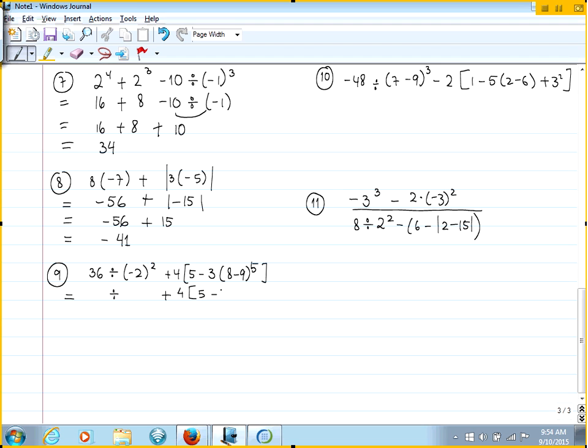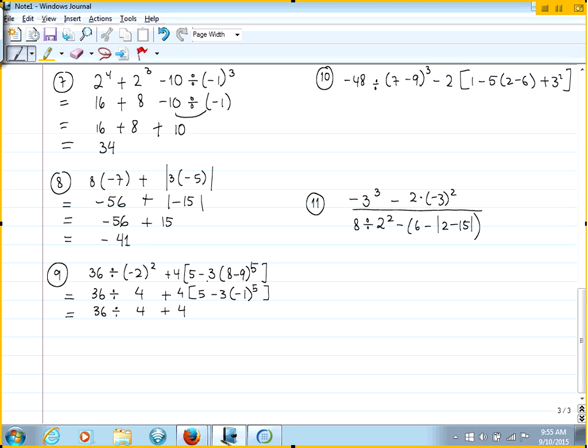Okay, so copy the other one, except for this one, right? The parentheses. So what is 8 minus 9? Negative 1 raised to the 5th. Okay. So this is 36. What about negative 2 squared? 4. So you could just carry this.